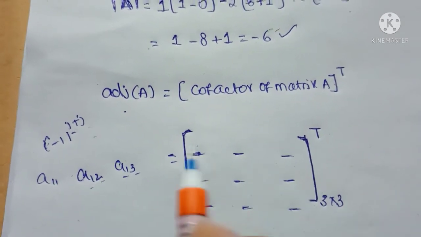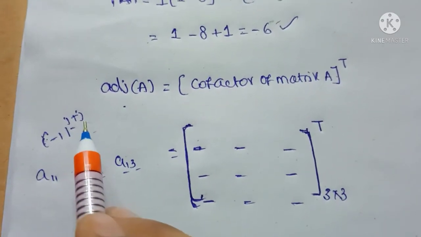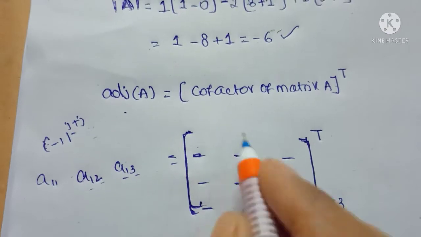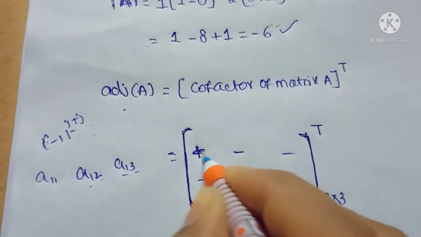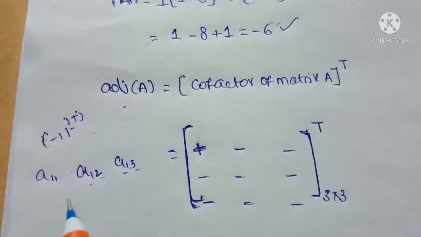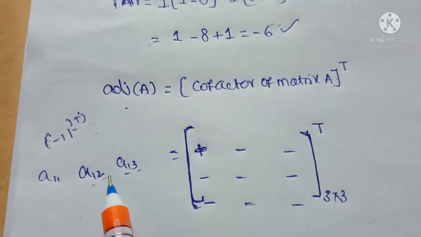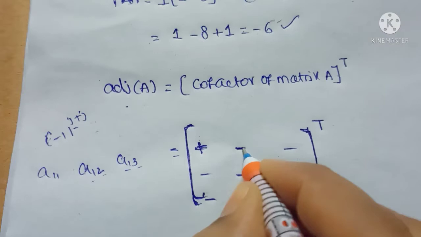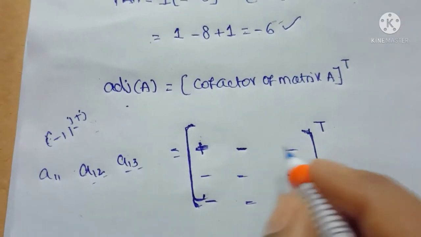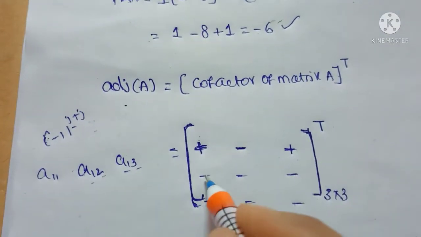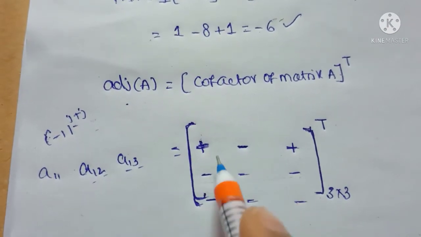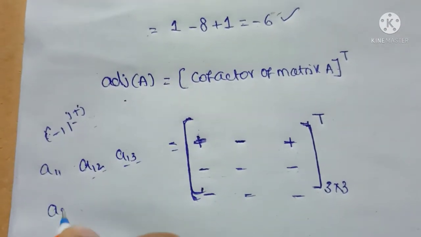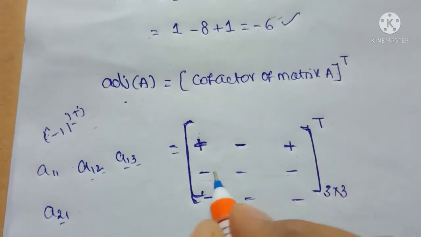Similarly, minus 1 power 1 plus 1 is minus 1 squared, so you get positive. For minus 1 power 1 plus 2, which is 3, minus 1 cubed gives minus. Similarly, A21 is second row and first column, so we get a minus sign.